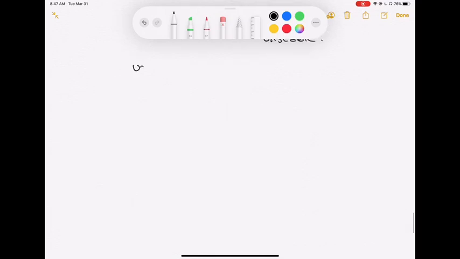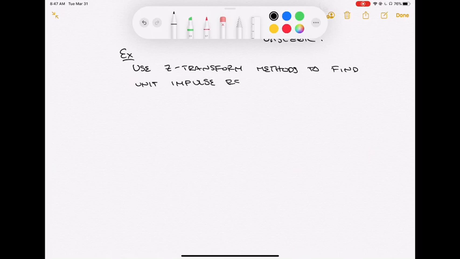This is an example. Let's use Z-transform methods to find unit impulse response functions.